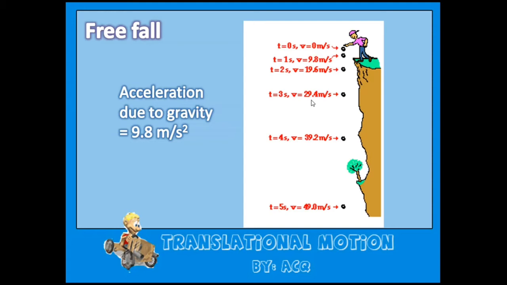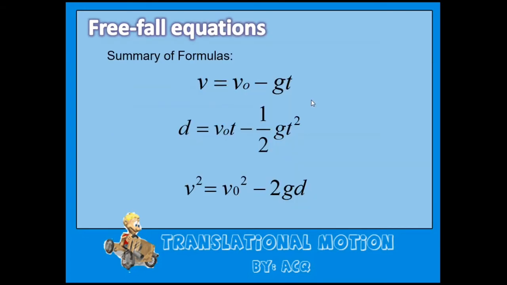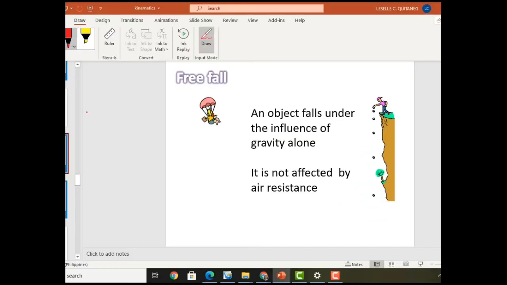Take note also that when we throw an object upwards, let's take a look at this illustration. Okay, take note also if we have here an object. We have mentioned that when the object falls under the influence of gravity, it's moving with an acceleration equals negative g.